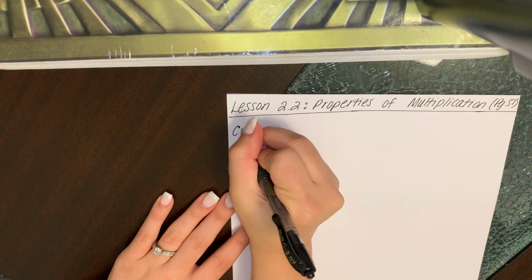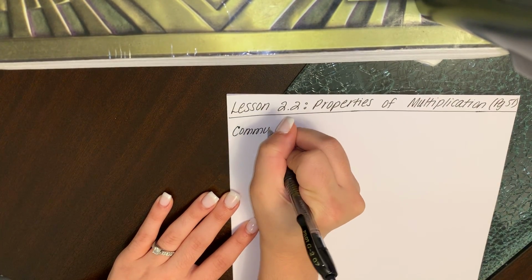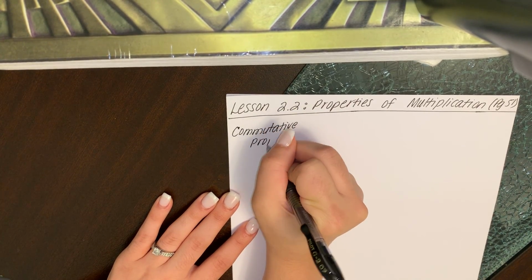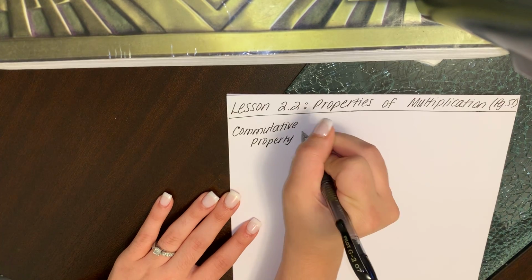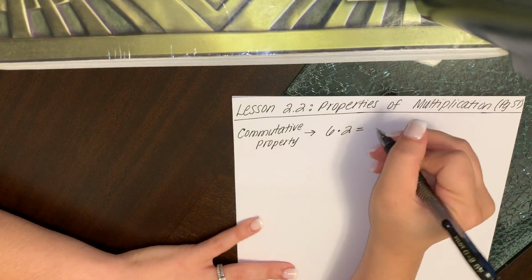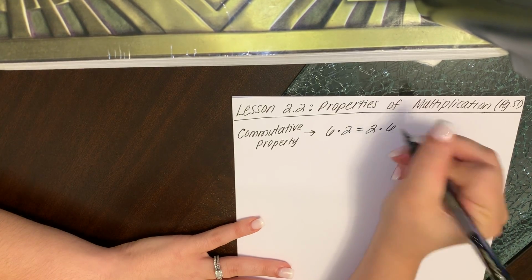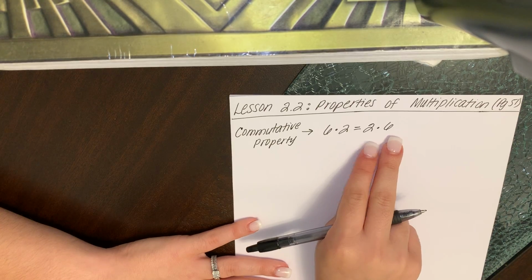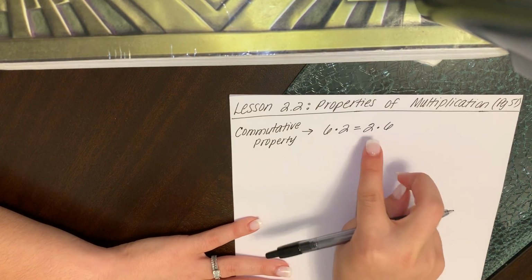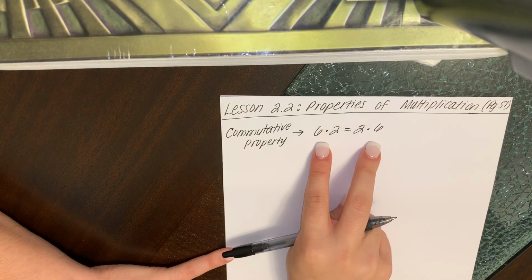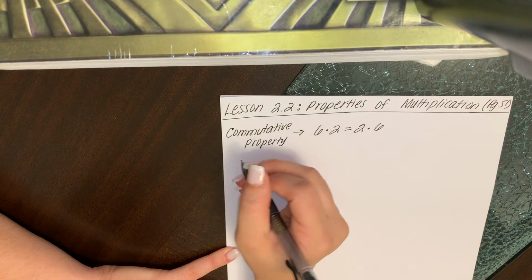So the example of a commutative property of multiplication would look something like this. 6 times 2 equals the same thing as 2 times 6. Again, the order changes, but it doesn't really matter because 6 times 2 is still 12 and 2 times 6 is 12. Okay? So that just tells you how commutative property works.